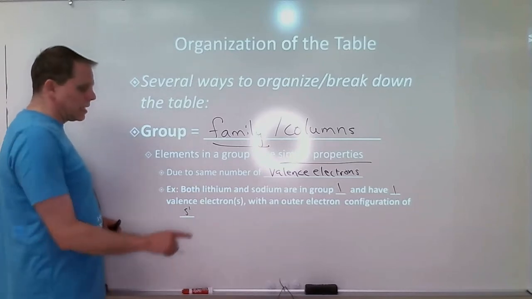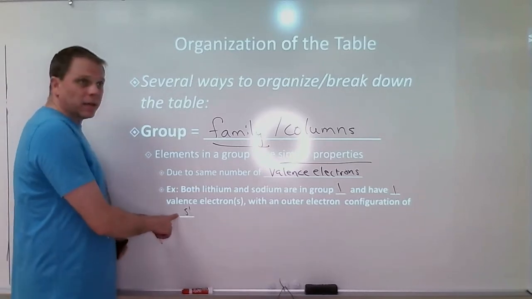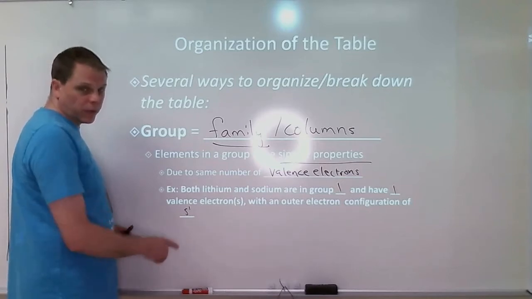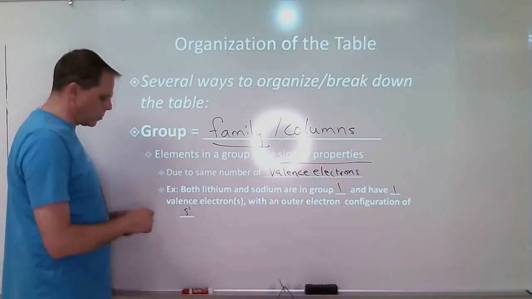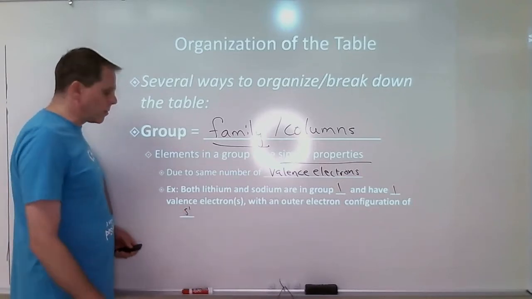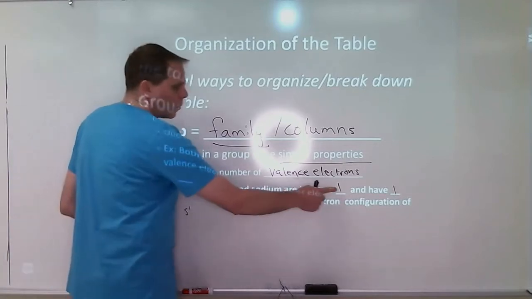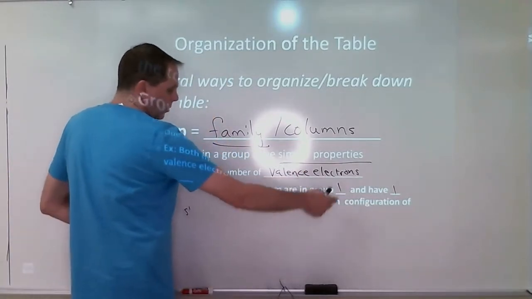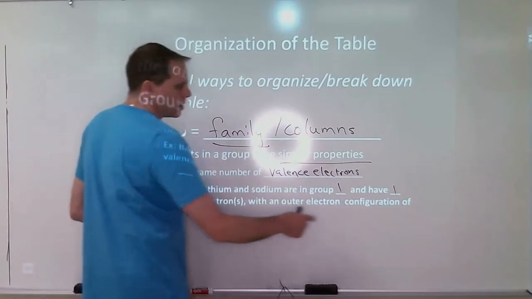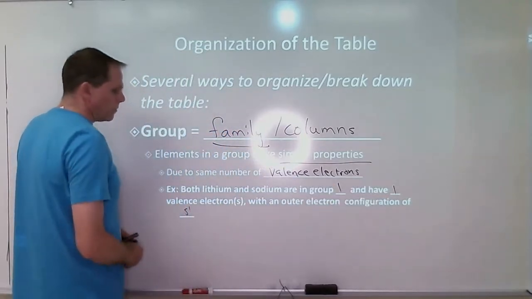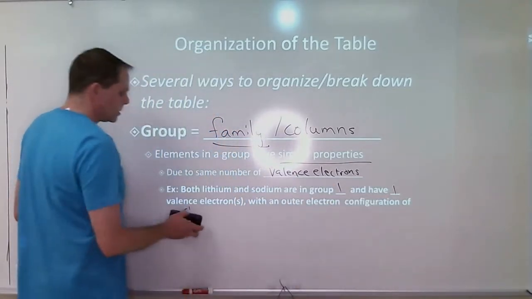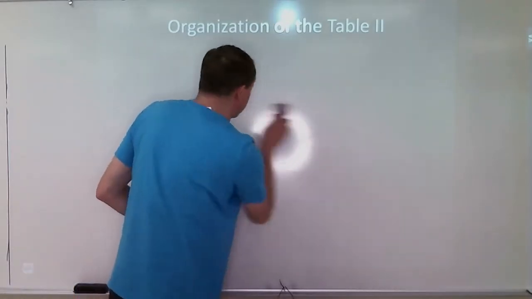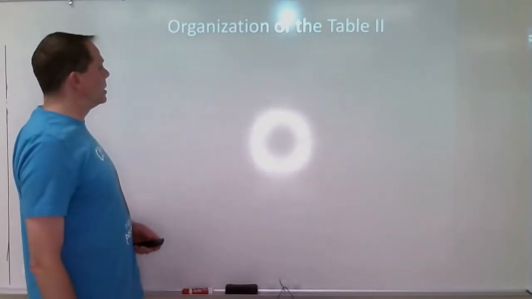So for instance, lithium would have the configuration 2s1, sodium would have the configuration 3s1, okay? So they're going to have that s1 as their last configuration. S sublevel, 1 electron, okay? So that's basically what they're saying. The s sublevel is going to be in that first group, and they're going to have 1 valence electron on the outside. So that little electron configuration tells us a little story, tells us some information. Love it when the information is hidden in things.